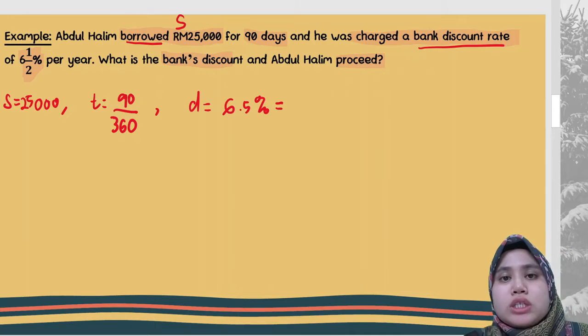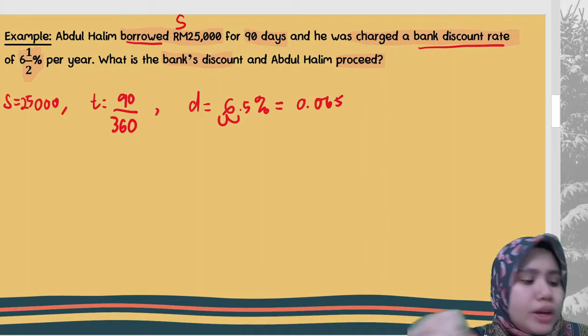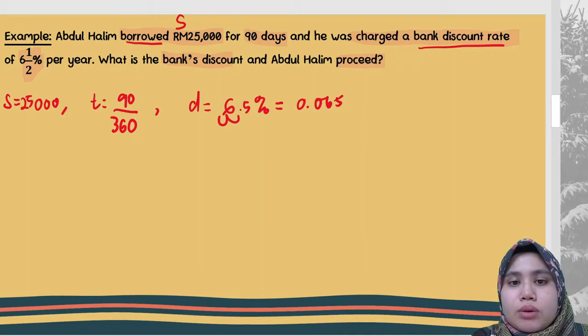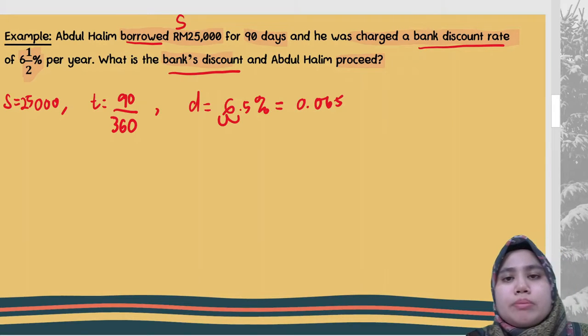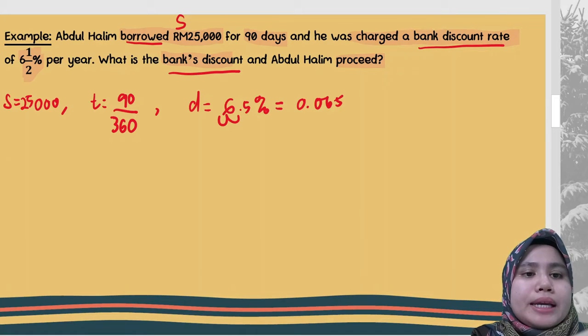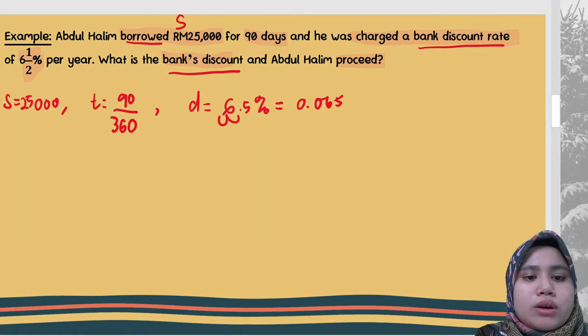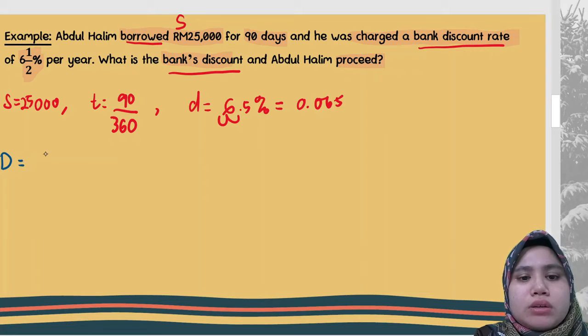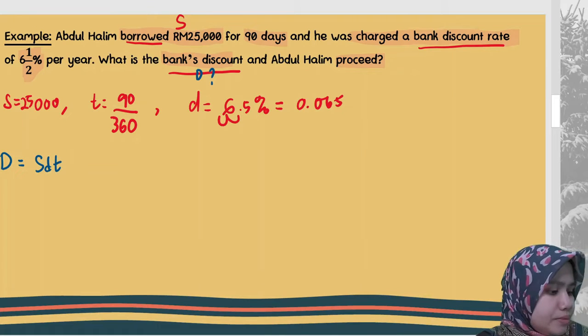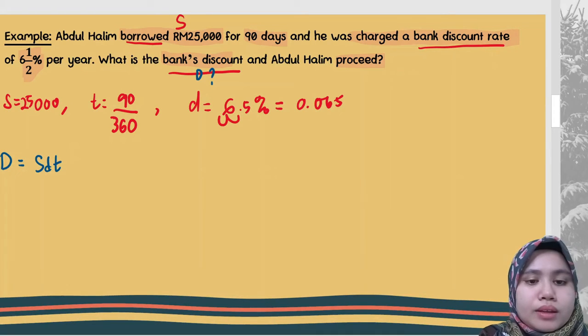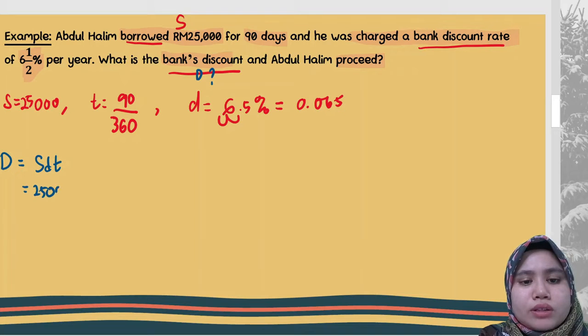We will change it into decimal form, so divided by 100 it is 0.065. What is the bank discount? Remember, it's not a discount that you get, it's the value that the bank gets. So our D, we want to find your D here, is S d T, the multiplication of all of them.